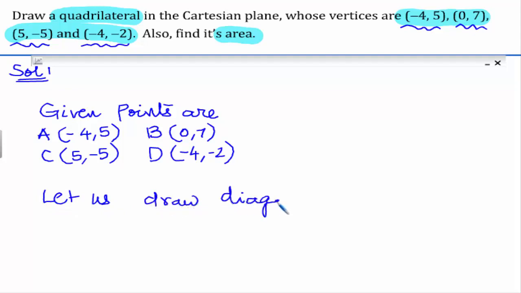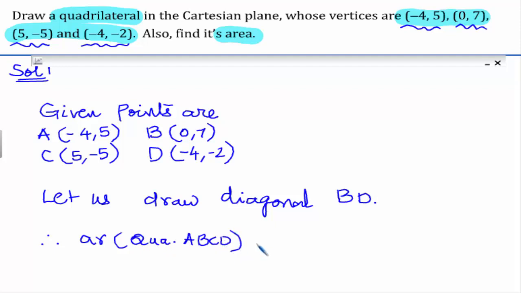So let us draw diagonal BD. So therefore, area of quadrilateral ABCD is equal to area of triangle ABD plus area of triangle BCD. Here is the triangle.